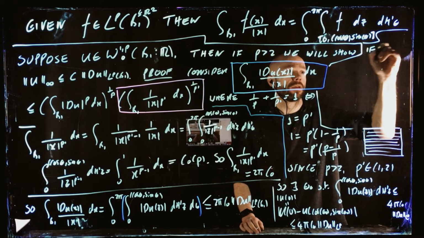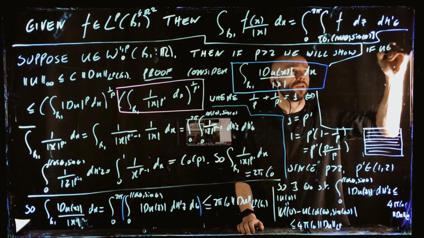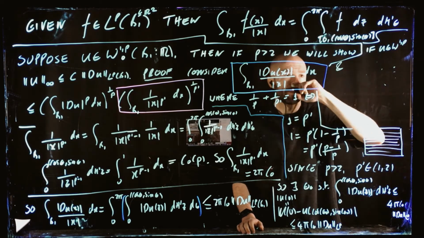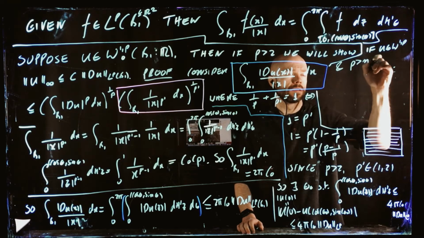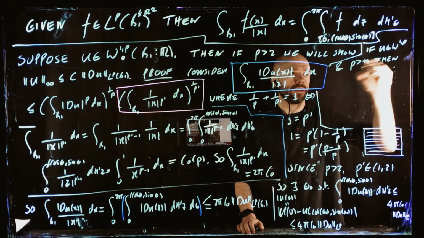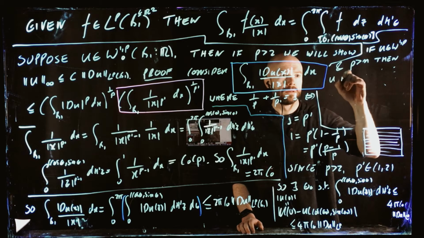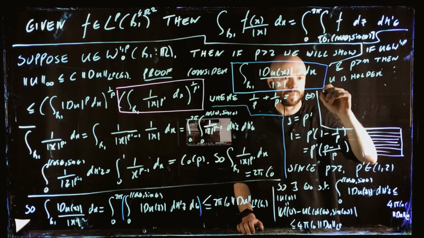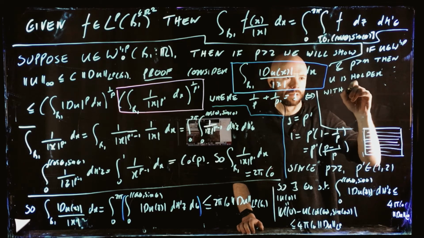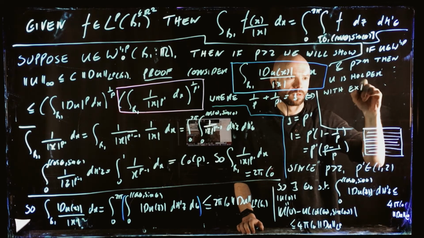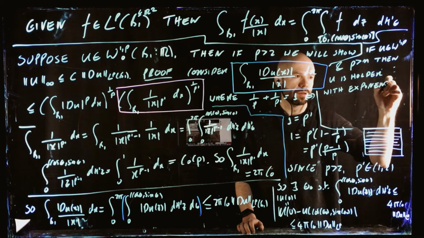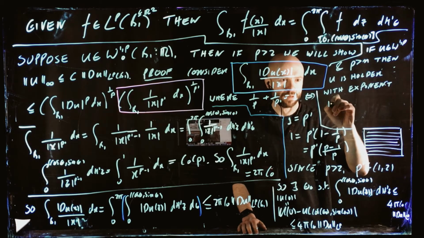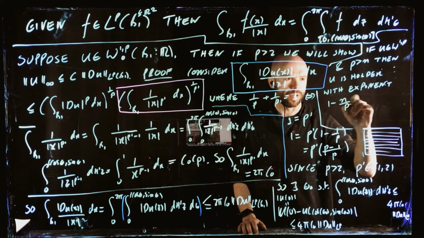So if u belongs to W^{1,p} and p is bigger than n, then u is Holder with exponent 1 minus n over p.